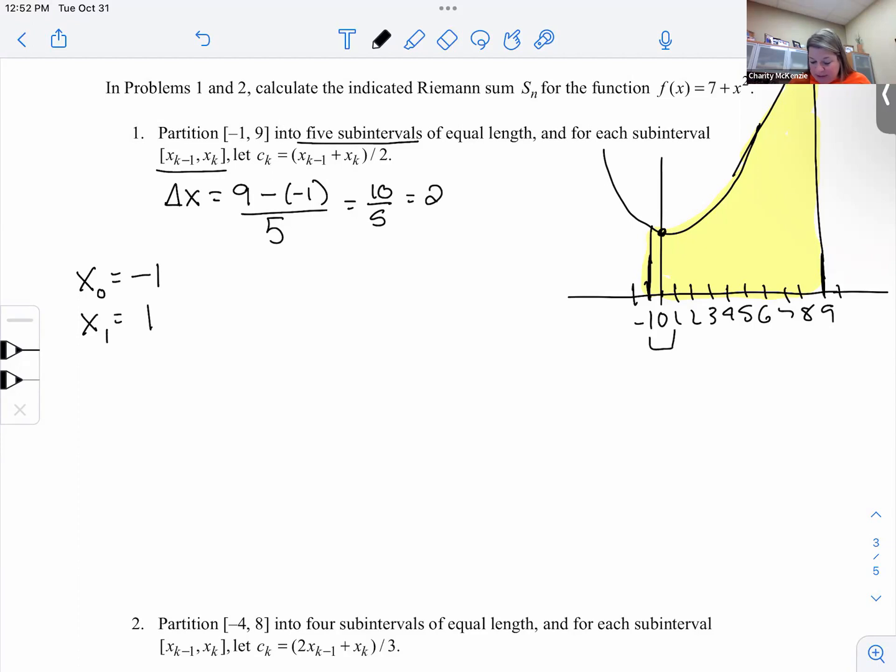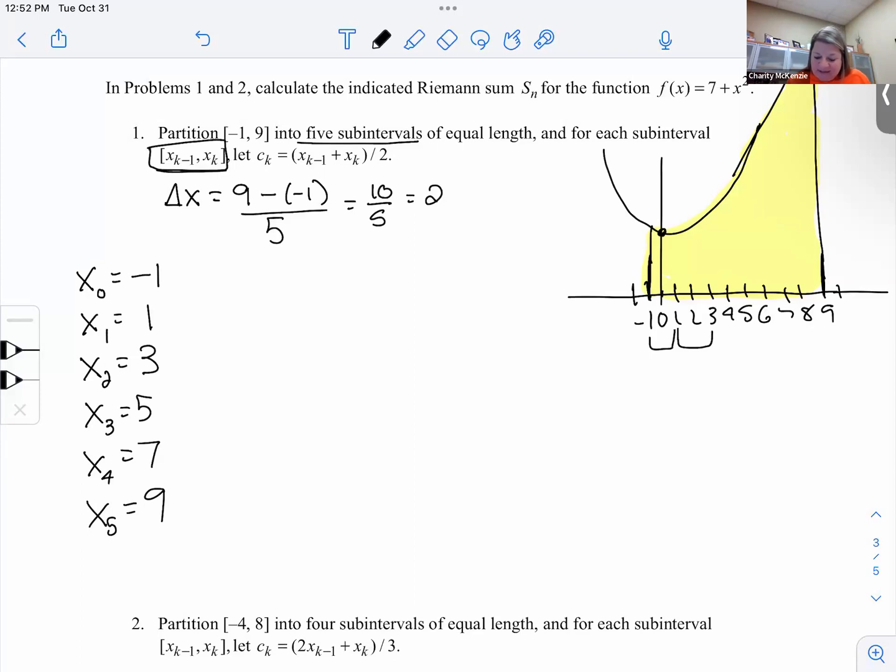Then we go from 1 to 3. So our next x number would be 3, then 5, then 7, counting by 2s, and our last one would be 9. So from -1 to 9, breaking it into 5 pieces, we're there, and that's what it's trying to tell you here.